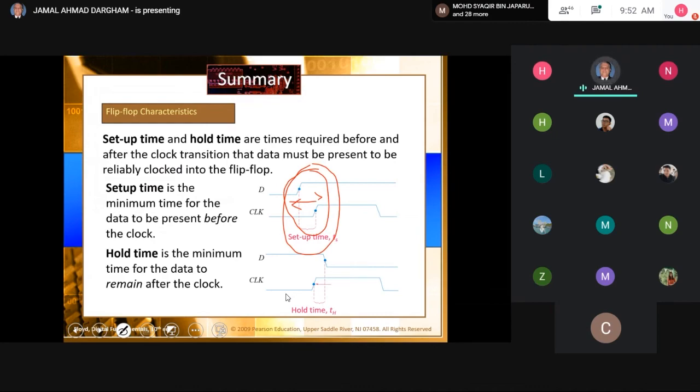And hold time is here, which means the time where the input remain stable after the clock. So basically, for flip-flop to operate properly, the input should not change from here to here. Should remain constant.